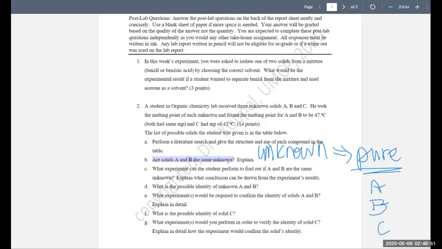If you're thinking about a mystery and you're trying to figure out who the suspect is and there's just one. I don't think that's a great analogy, but basically it's pure. It's not a mix of different components. It's pure. And so if it was A plus A, if they were the same unknown, then you wouldn't see any lowering of the melting point or broader range.